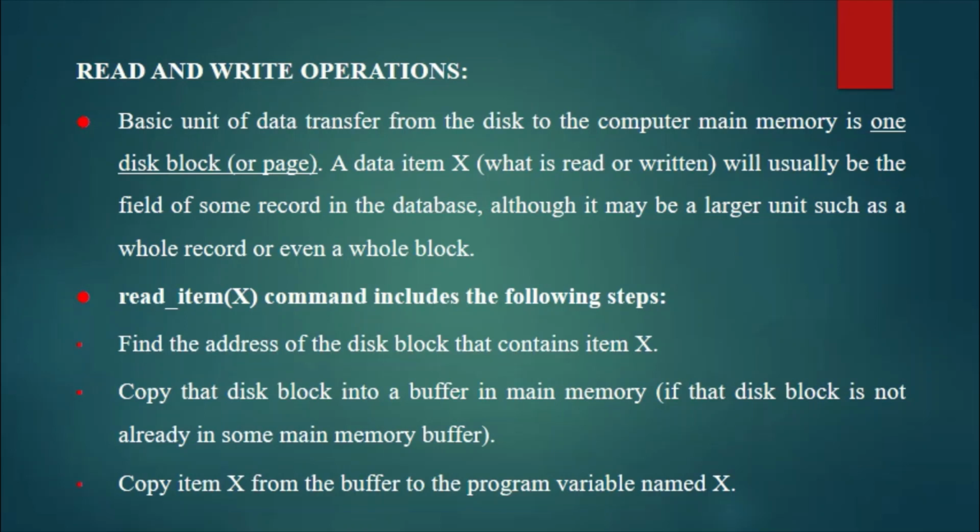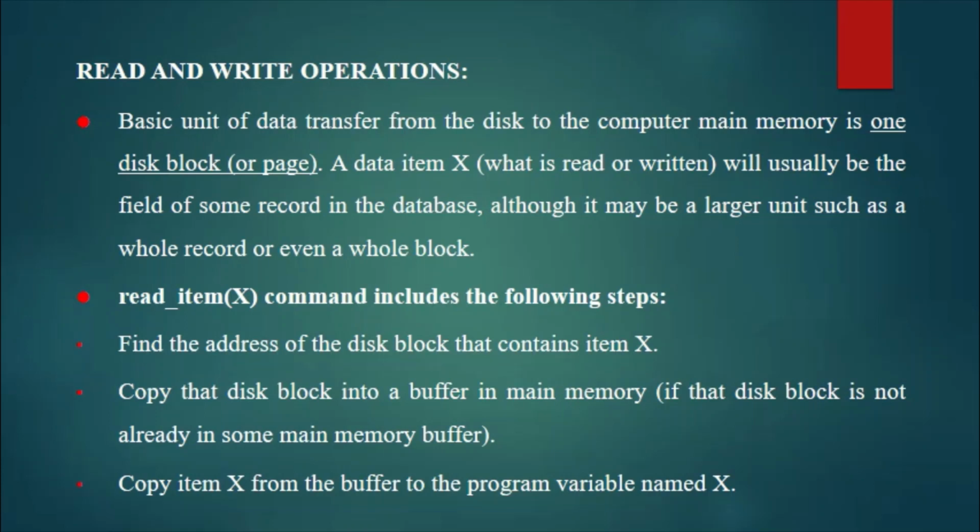Read and write operations: how will the steps be followed? For reading an item from the database and writing an item into the database, the basic unit of data transfer from the disk to the computer main memory is one disk block or a whole page.